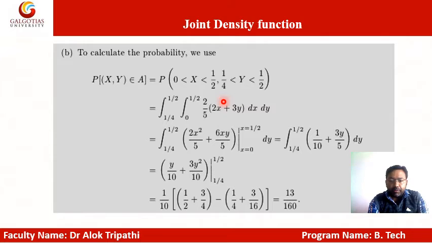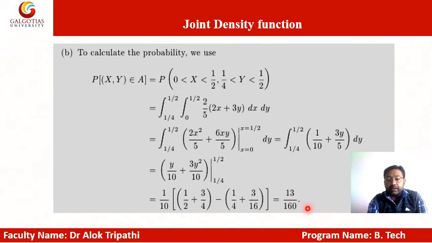How can we generate the probability? We just integrate 2/5 (2x + 3y), which is the joint probability density function. We integrate this function first from 0 to 1/2, which is the range of x, and then for y varying from 1/4 to 1/2.